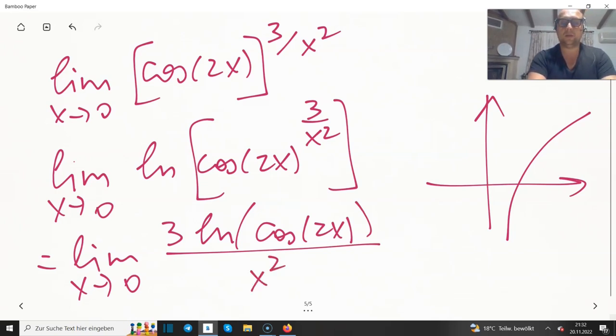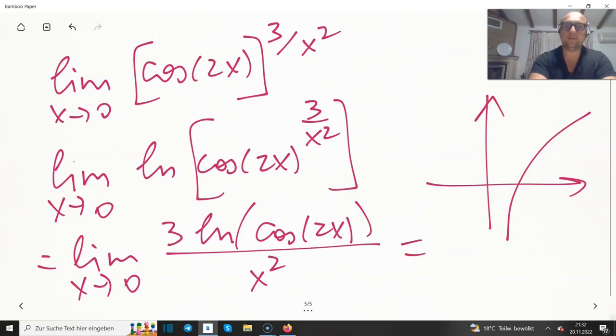So what do we have here? We have in the denominator x towards 0, a very small number. So we're running towards 0. What about here? Cosine, it's running towards 1. So it's ln of 1. It's 0 by 0. So now we can apply L'Hopital's rule without any troubles, right?